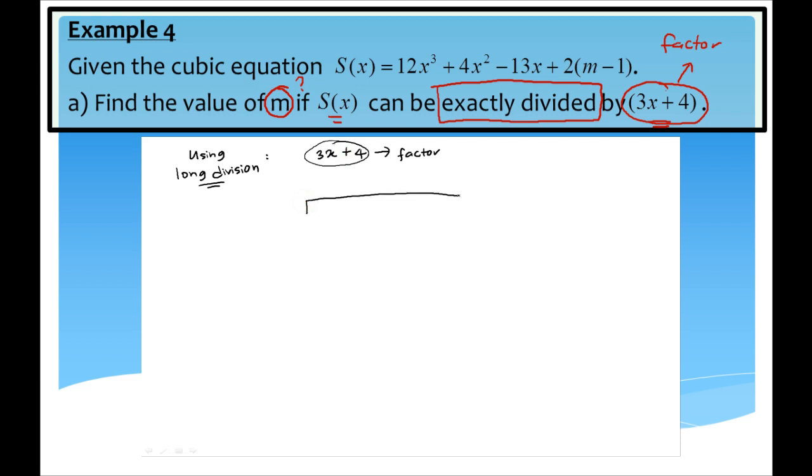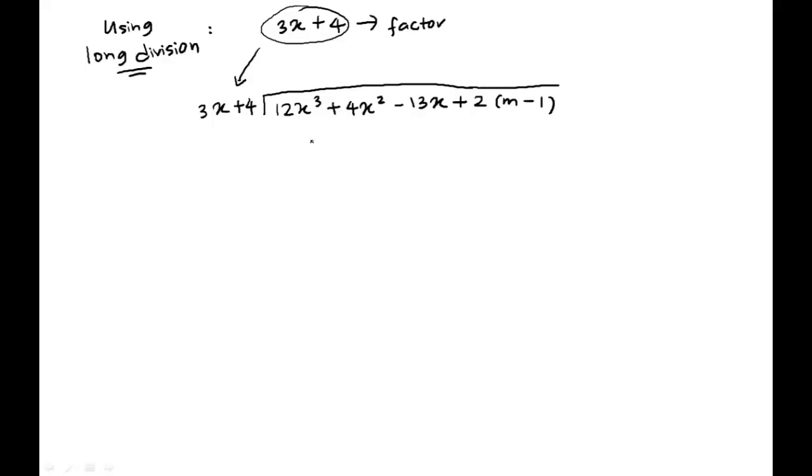Here we write our cubic equation, which is 12x cubed plus 4x squared minus 13x plus 2m minus 1, and here we put our divisor, 3x plus 4. So we can start our long division.